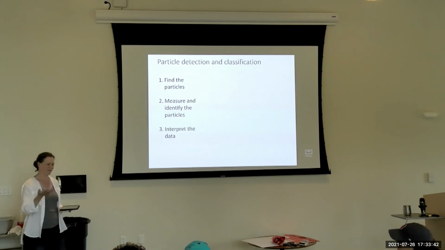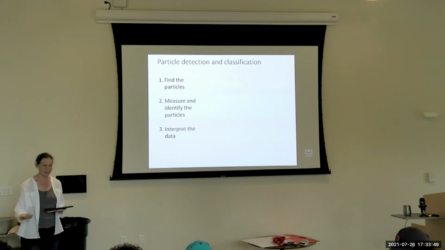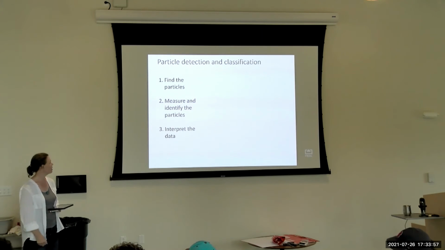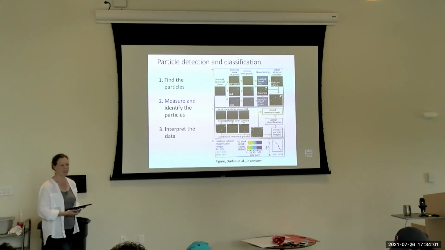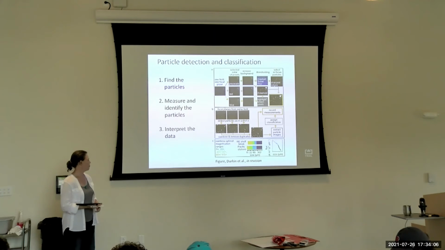At a basic level, all image analysis of imaged particles consists of one, finding the particles in an image that may have many particles represented, two, measuring or identifying or otherwise classifying the particles, and then three, interpreting the data. This is one example of a schematic that is in a paper that I'm a co-author on.